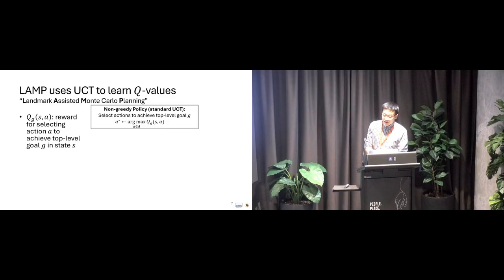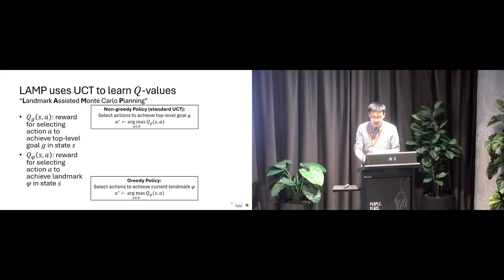To do that, we additionally keep track of separate Q functions for each landmark phi. Q phi is the reward of selecting an action with respect to that subgoal phi.